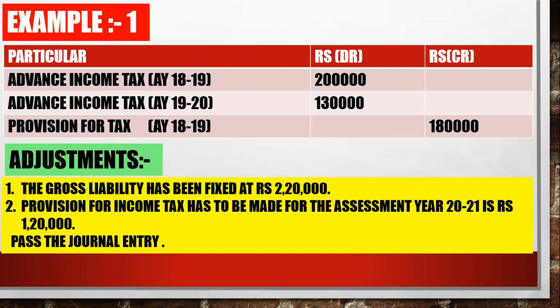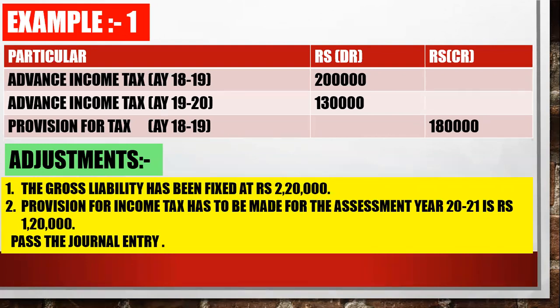This is the adjustment. The gross liability has been fixed as 2,20,000. Now you have to check this. As I told you, first take your tax liability. So your gross liability is how much? 2,20,000. Yes. So you have to first check your tax liability against PFT.